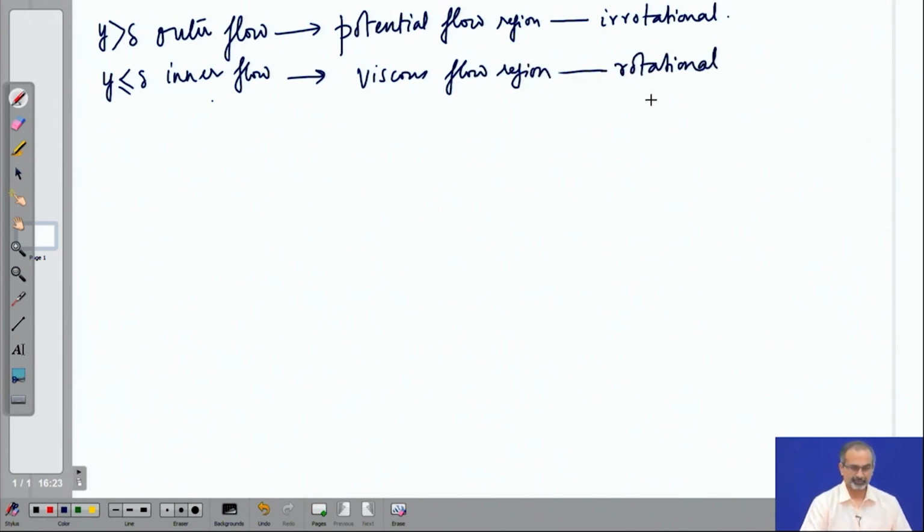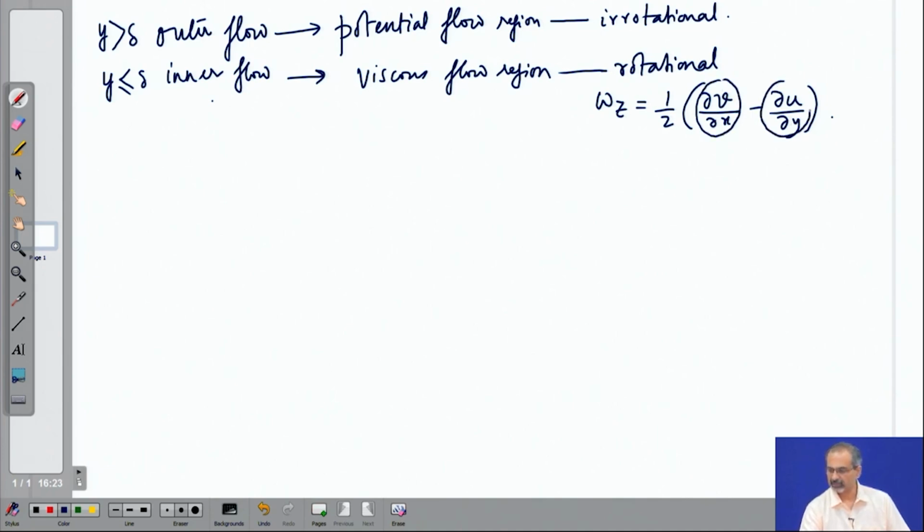That is because, as you may recall, in this plane we can only have the omega z component of vorticity. So, when you look at the definition of omega z, as we said that del v del x is a small term, but the del u del y term is quite large. Therefore, omega z is not equal to 0, and therefore, the flow is rotational in nature within the boundary layer.